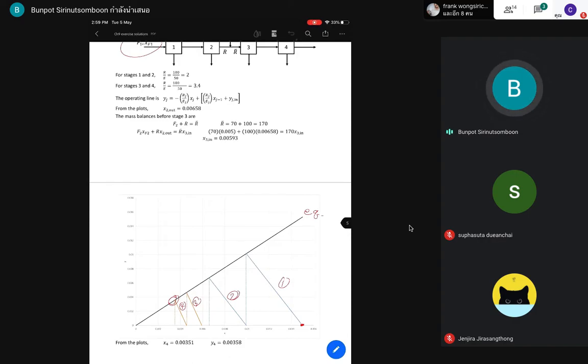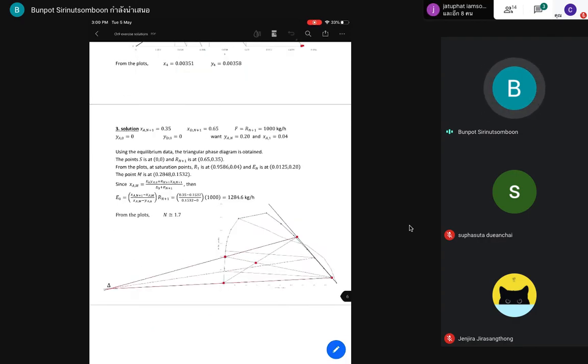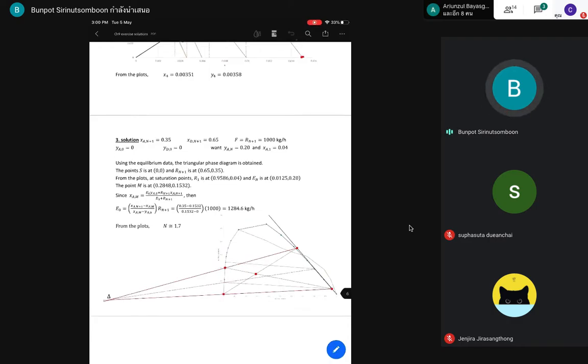And then the third problem is the one with the partially immiscible system. For this one you have to use the triangular diagram. First I use this technique here, making use of the tie line and the conjugate lines like this.